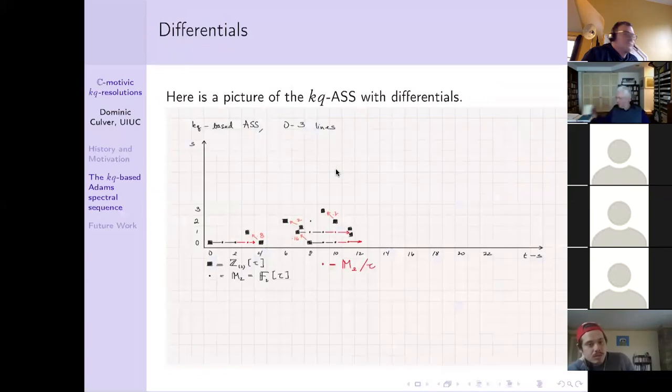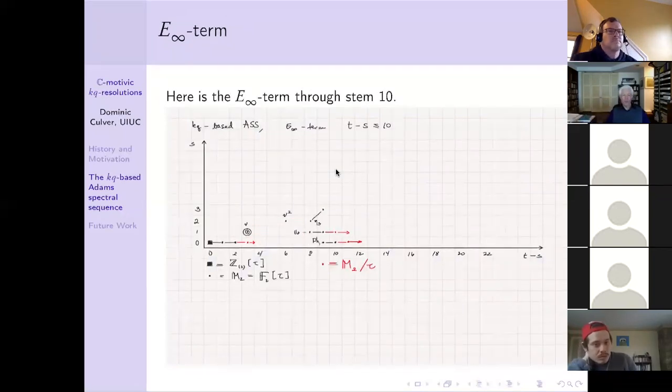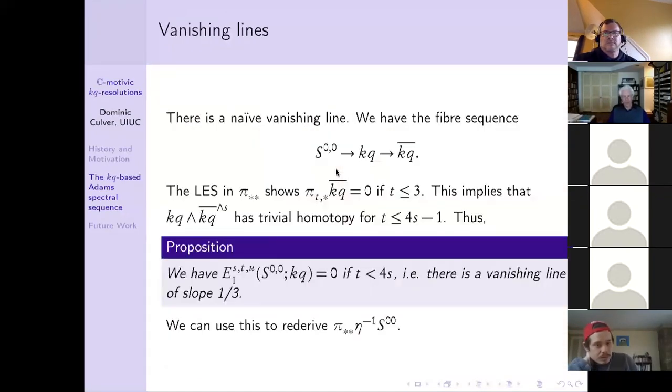Let me end with, so there are some pictures here I can show people who are interested later, but I just want to end with one thing that I think is very interesting about the spectral sequence. There is a naive 1/3 vanishing line that's very easy to prove. What I mean by a vanishing line of slope 1/3 is that there's a line of slope 1/3 through the origin on the E1 page of the keq-based atom spectral sequence, so that if you're above that line, you're just in 0 groups.